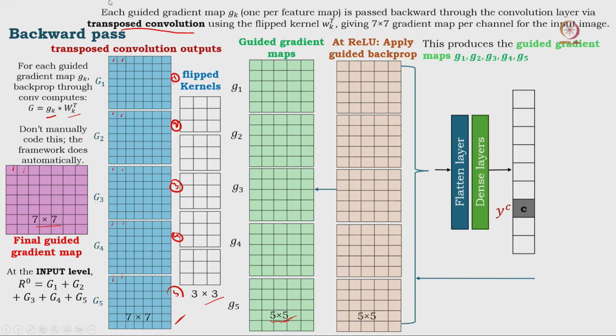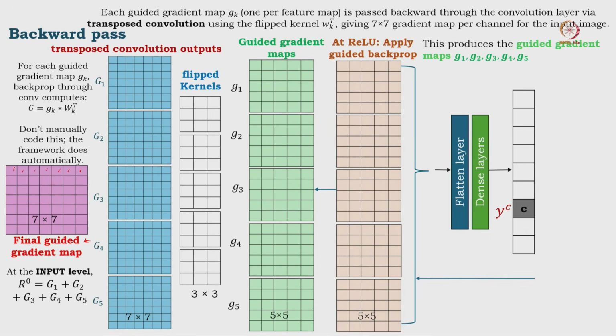Now, what are we discussing? We are discussing guided back propagation. What is guided back propagation? It has to tell which are the features, which are the pixels, that are important for model prediction. Now, we have reached an input. Here, in each of these locations we will have values.